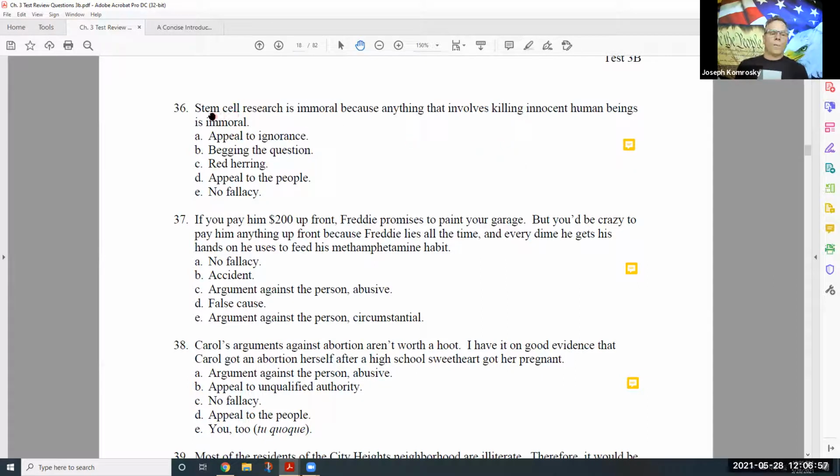We don't know from here that stem cell research is killing human beings. But you need an extra premise that says stem cell research literally kills innocent human beings. We don't have that.